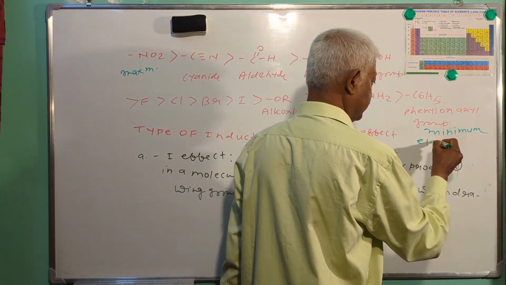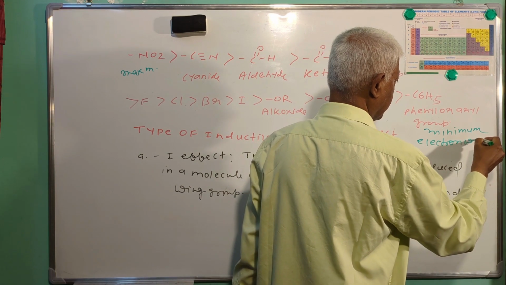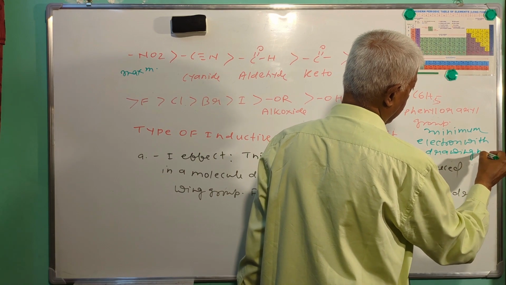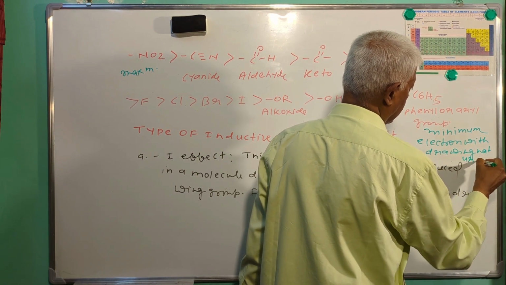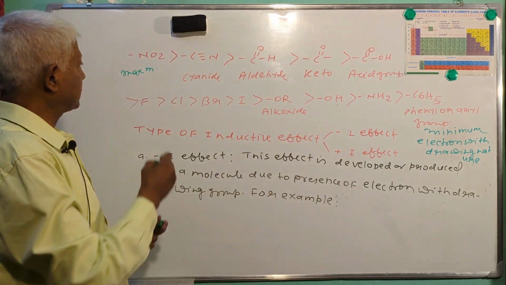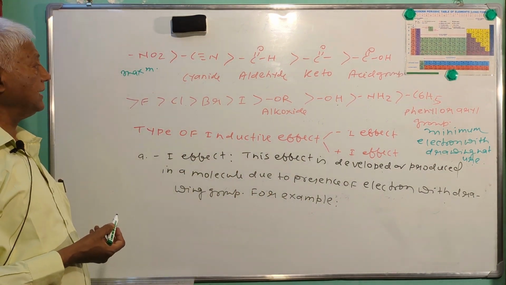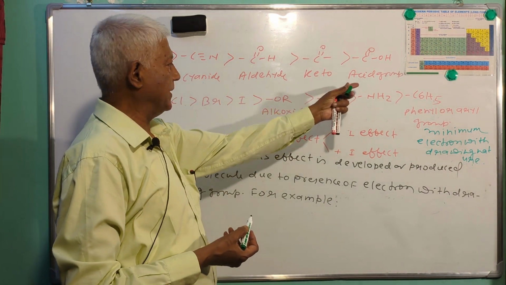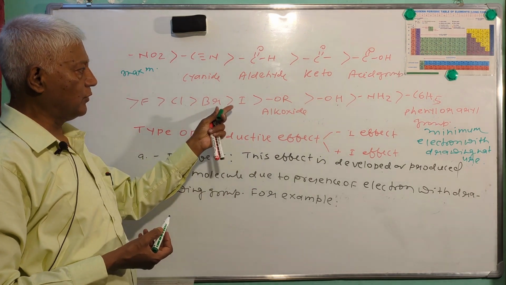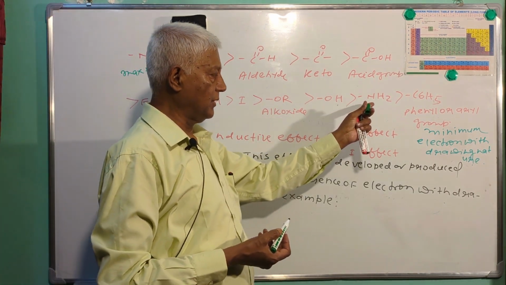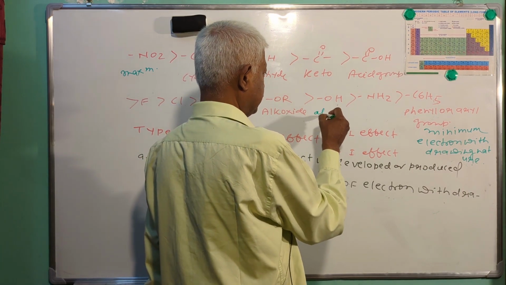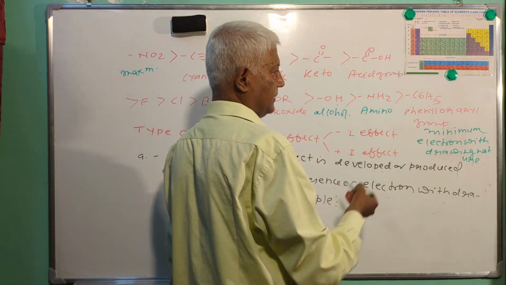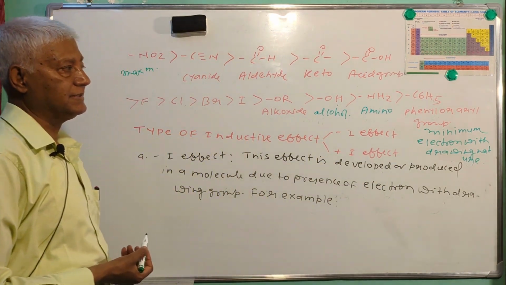The order is: nitro has maximum, then cyanide, aldehyde, keto group, acid group, fluoro, chloro, bromo, iodo, alkoxide, alcohol, amino group, and phenyl group, or we can say aryl group.